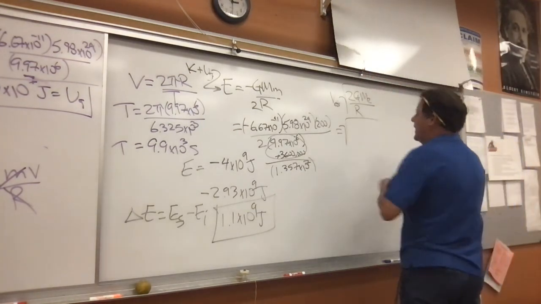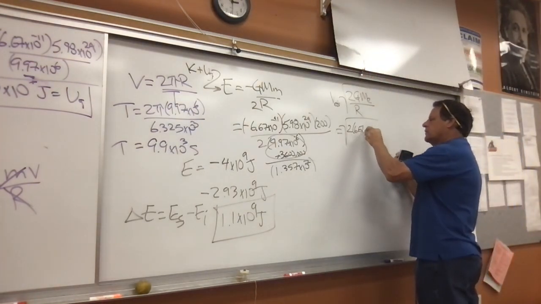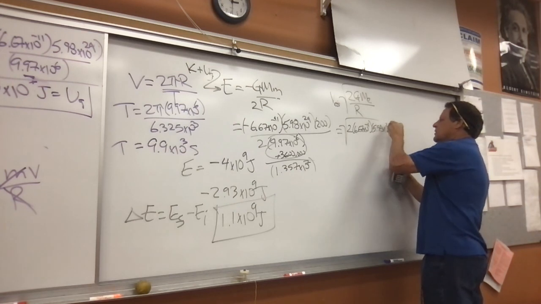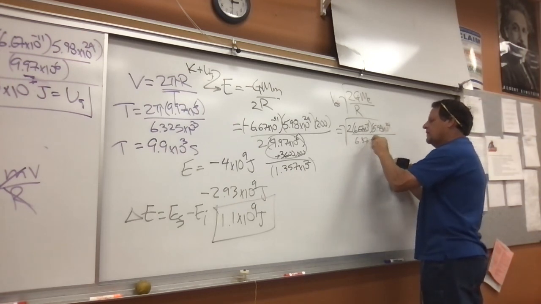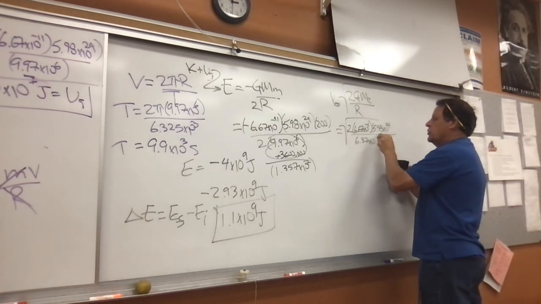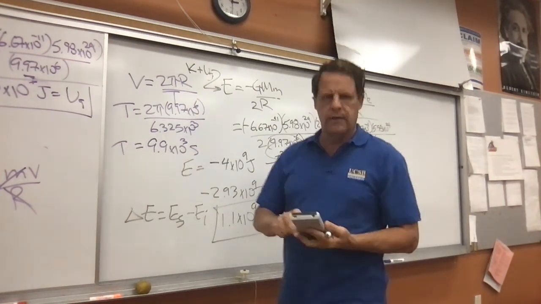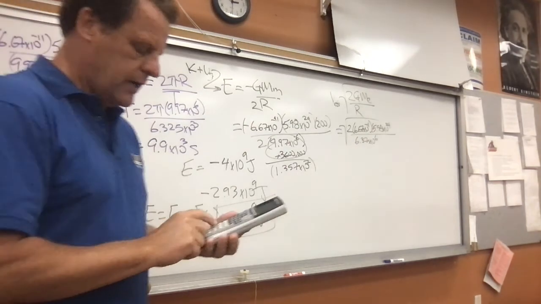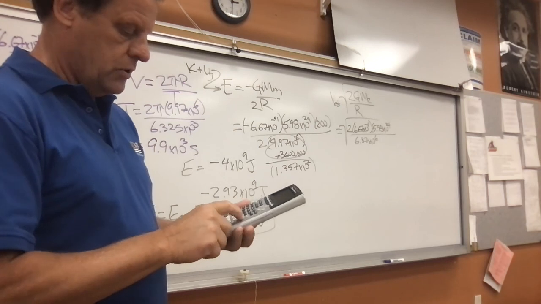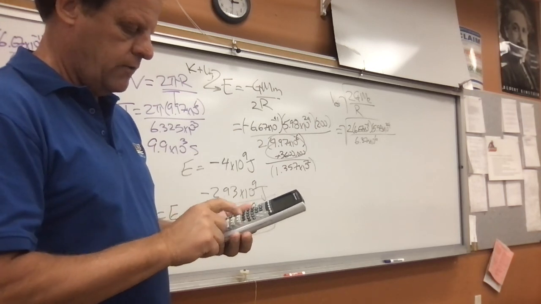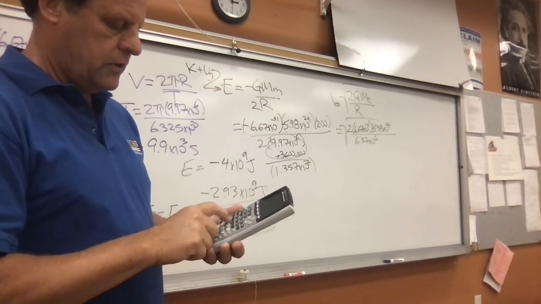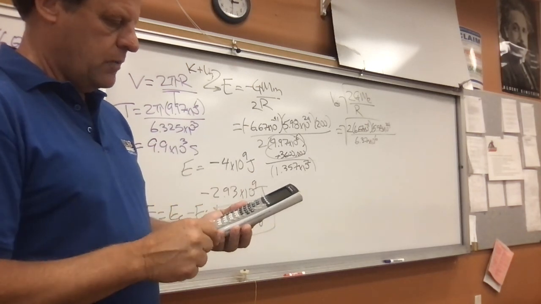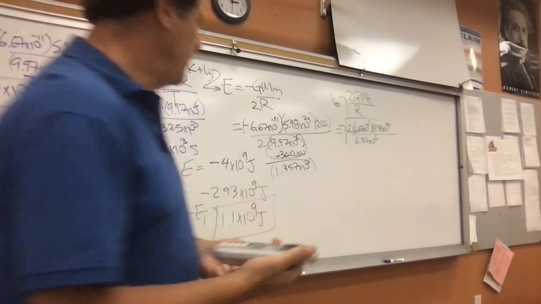So we're going to have 2 times 6.67 times 10 to the negative 11th times 5.98 times 10 to the 24th, divided by 6.37 times 10 to the 6th, and then take the square root of that, and we're going to get 1.1 times 10 to the 4th.